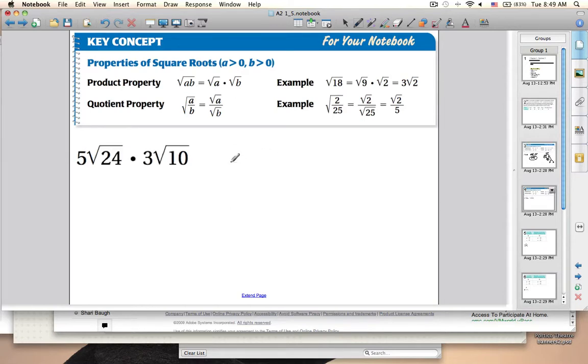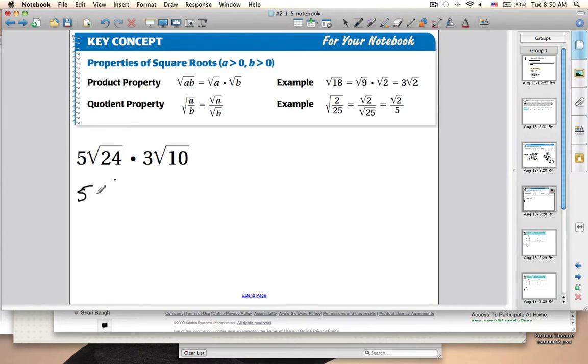Sometimes we'll have items like this, where I could go ahead and multiply these out now, but I highly recommend that you start by trying to simplify what you can. For instance, I know that 4 is a perfect square and that 4 is a factor of 24.